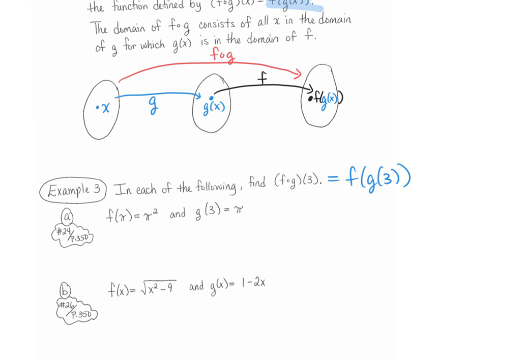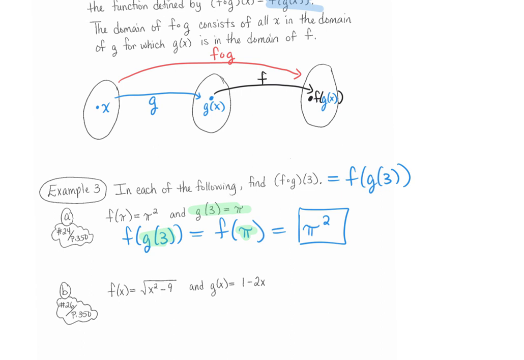We want to find f of g of 3. What's g of 3? Pi. So we're finding f of pi. g of 3 is how we got pi, and then we find f of pi. What is f of pi? Pi squared. So that's our final answer.